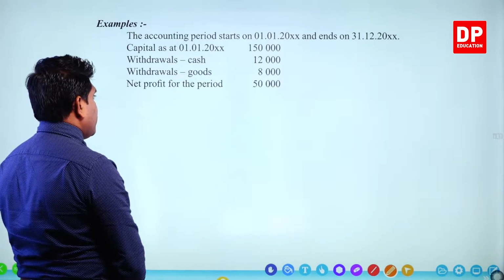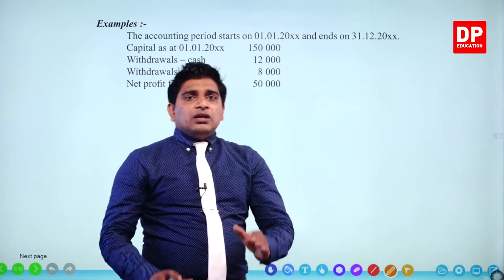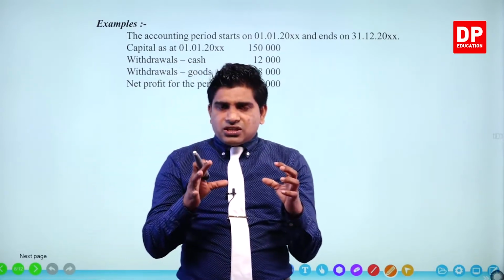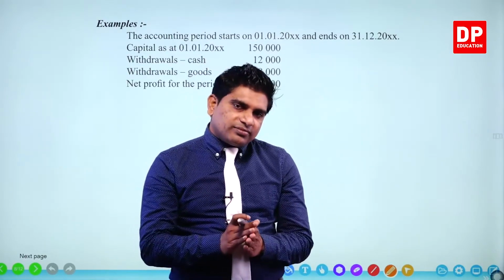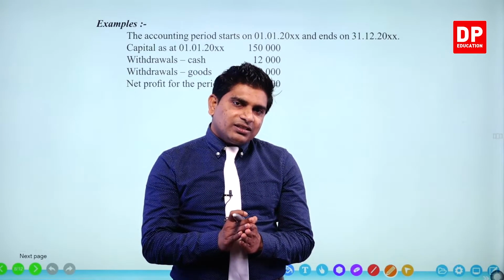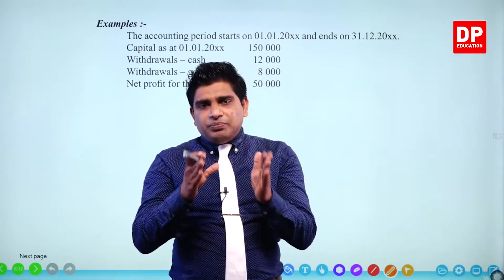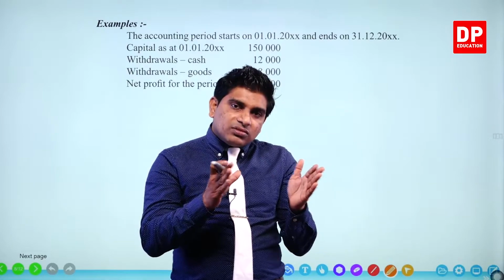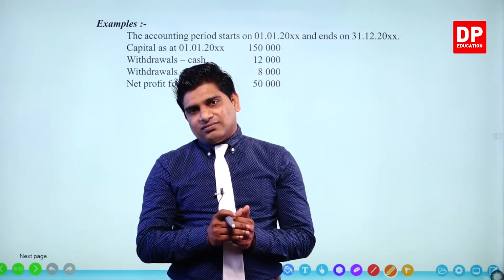Net profit for the period 50,000. Remember this. These are the factors that affect equity. Equity means capital. When the business earns income, your equity increases.